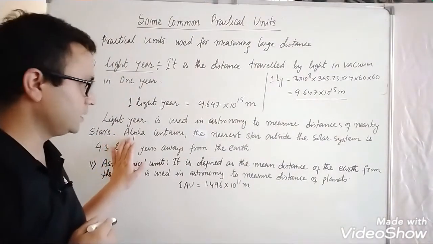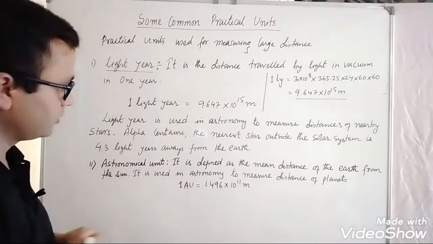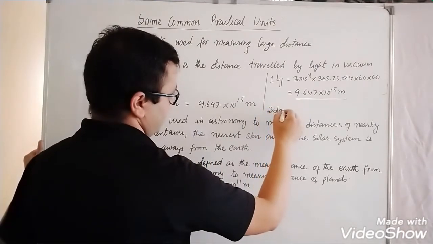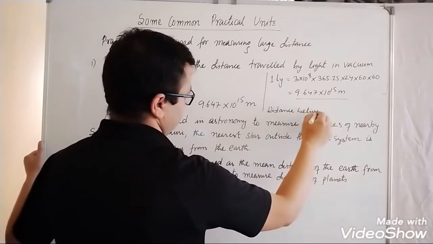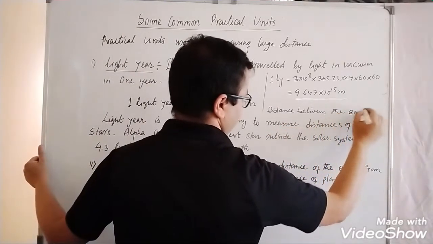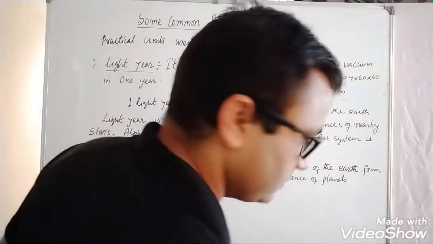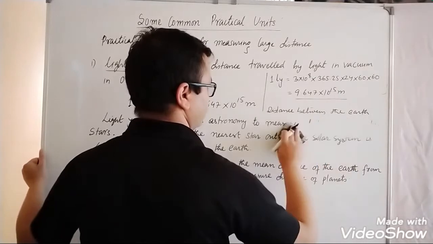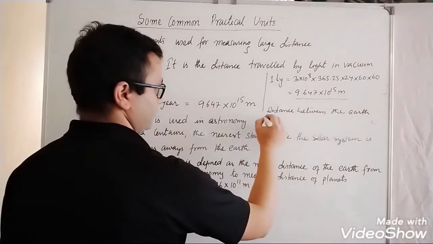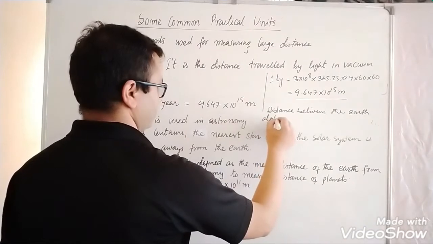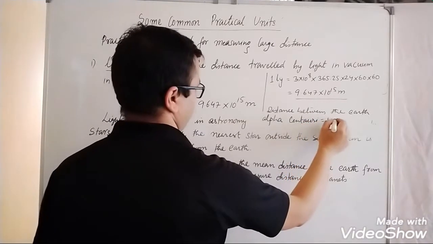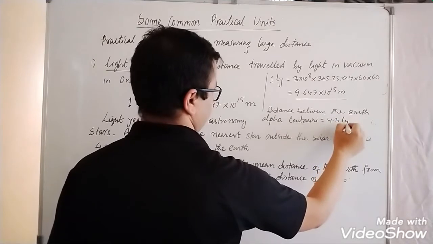Similarly, we can calculate the distance between Earth and Alpha Centauri. The distance between the Earth and Alpha Centauri equals 4.3 light year.